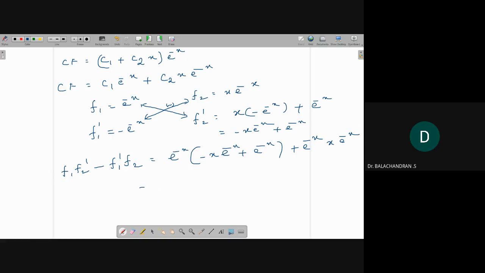So this is equal to minus x into e power minus 2x plus e power minus 2x, plus x into e power minus 2x. You can cancel minus x into e power minus 2x with plus x into e power minus 2x, so you have only e power minus 2x. So this is the denominator.